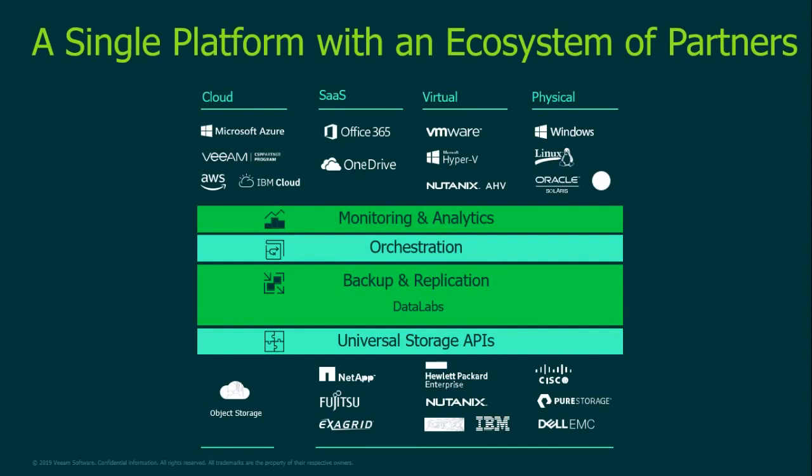This product is a standalone product which is used to back up Office 365 data. With one license, you can get a backup of mailboxes, OneDrive, and Microsoft Teams. So all in all, this is the entire portfolio of Veeam.